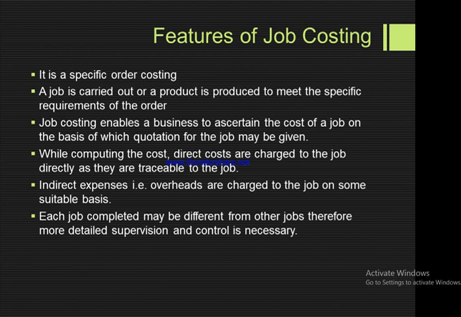So normally the firms try to recover these overheads by charging a certain percentage of overhead to the job that they are doing. Each job may be different from the other jobs, therefore more detailed supervision and control is necessary.